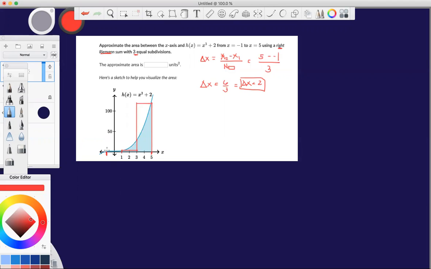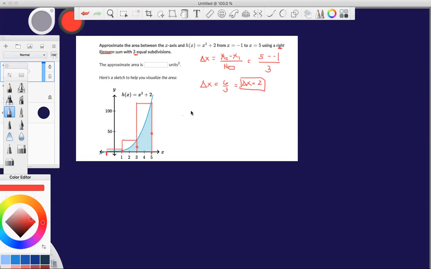And also for this one right here, if you've noticed, it's actually an over approximation. Again, we're using this side of our rectangles.